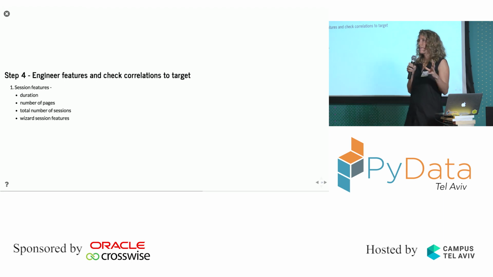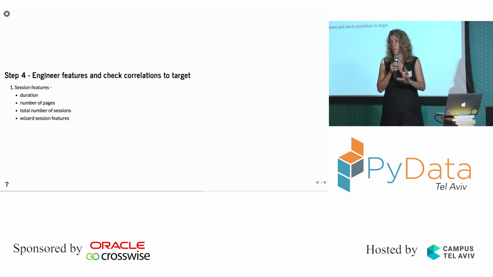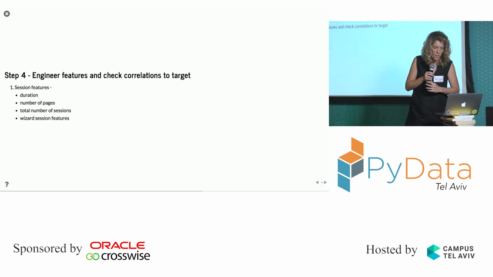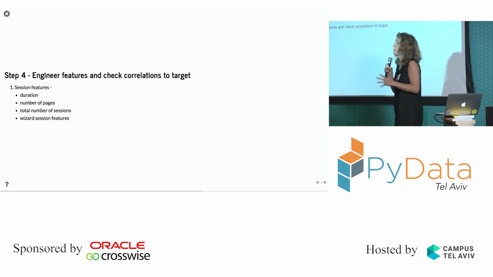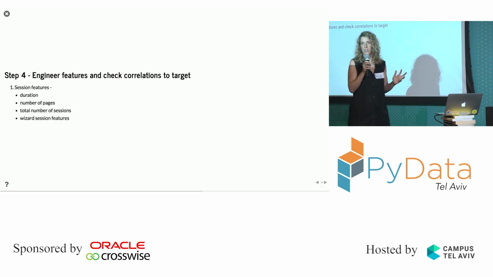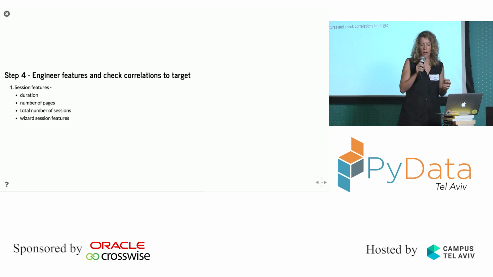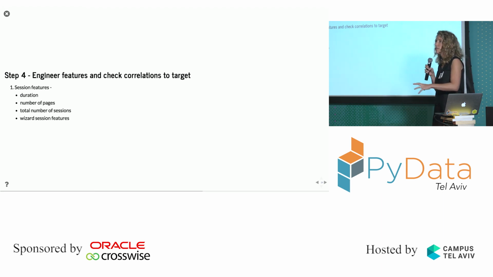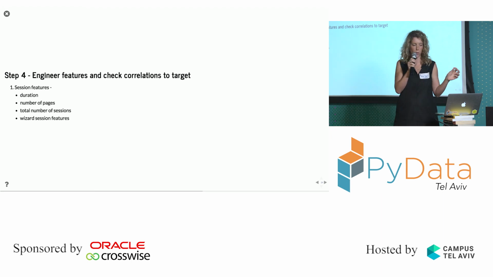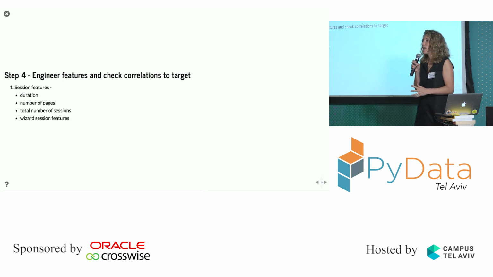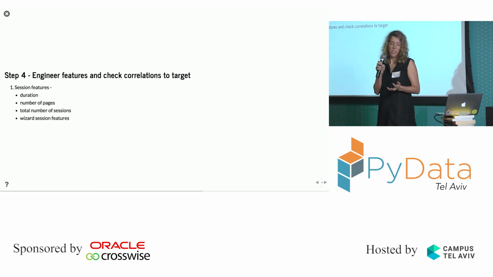And now let's look at the feature engineering, some examples of the features I did. The first type, and the major part of the features I engineered, are features around the session, trying to understand the characteristics of the session per user. For example, the duration of each session, which is interesting.